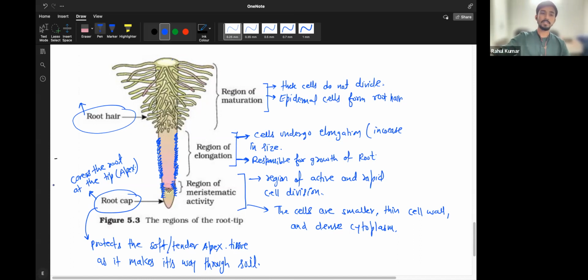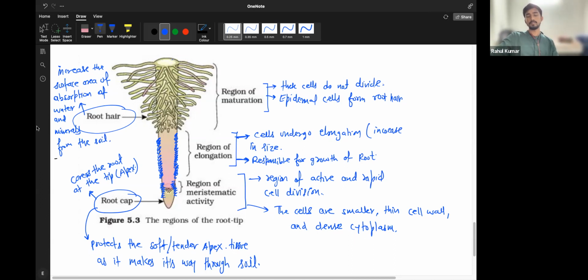Okay. So these root hairs increase the surface area of absorption of water and minerals from the soil.